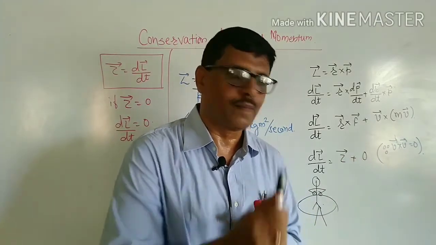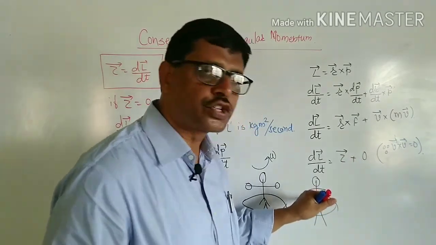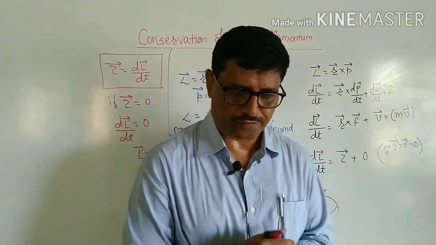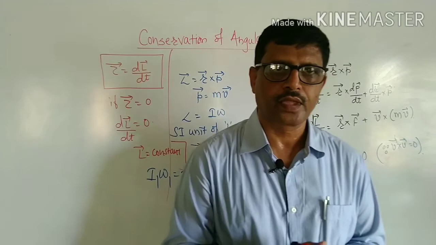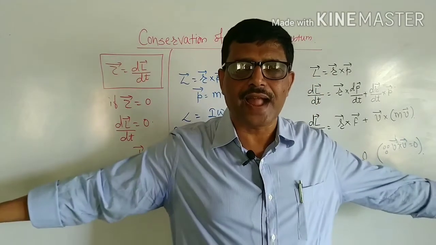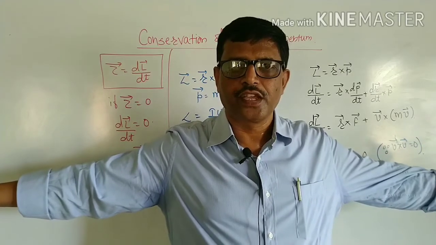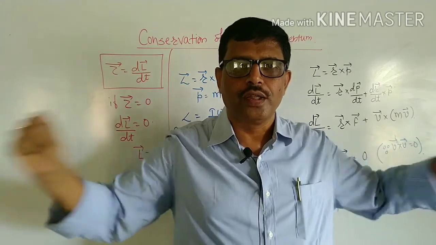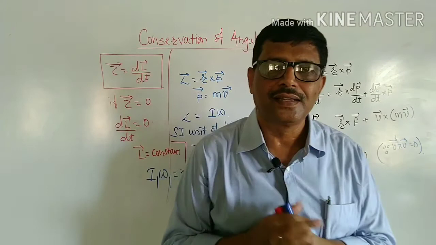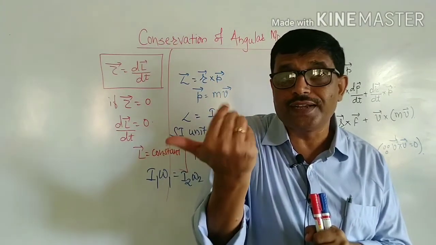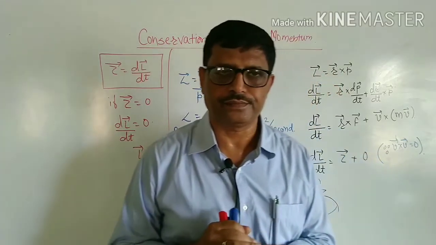With decrease in moment of inertia, the angular speed of rotation increases, that is, the speed of revolution increases. With dumbbells in his hands, if a person is rotating on a turntable, his speed of revolution is less. When he folds his hands, his speed of revolution increases because of decrease in moment of inertia.